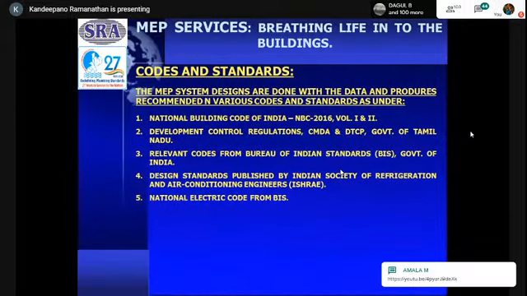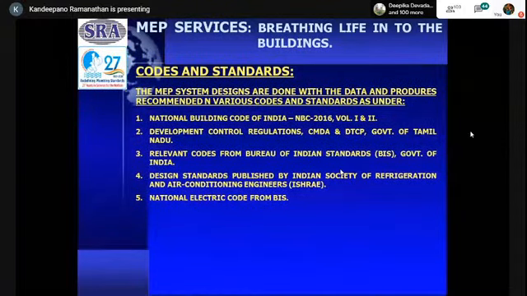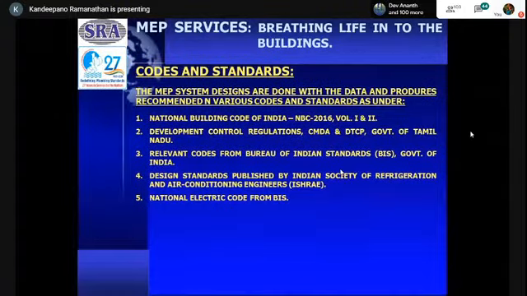Now, National Electric Code from Bureau of Indian Standards. This is a separate code only for electrical engineering services, a part of which will also appear in NBC, and this will be more specific, right? This is a little bit more elaborate also.